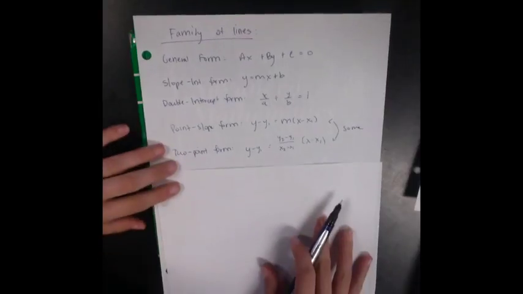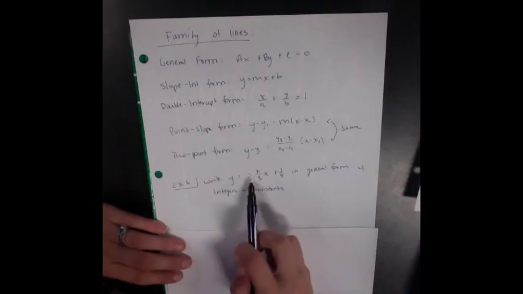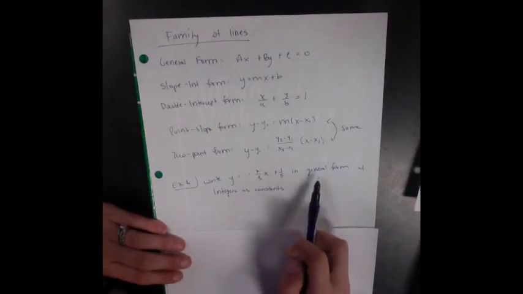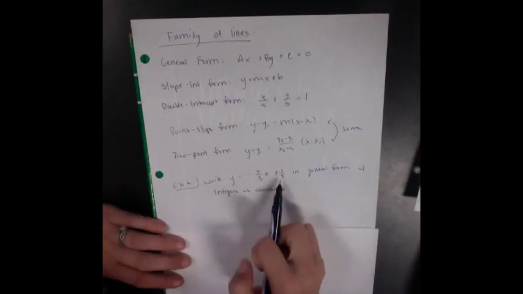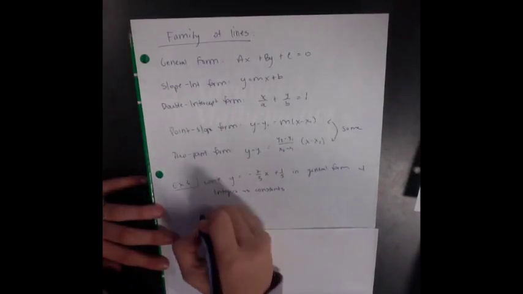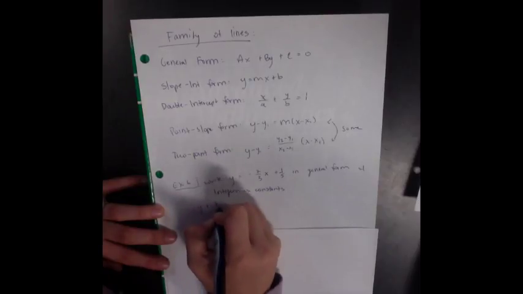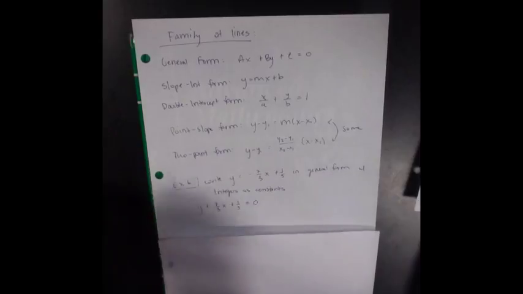Now what we're going to do is something like this. Write y equals negative 7 over 3 x plus 1 over 5 in general form with integers as constants. This is in slope-intercept form, so to go to general form, I need to get everything on one side. So I will have y plus 7 over 3 x minus 1 over 5 equals 0.